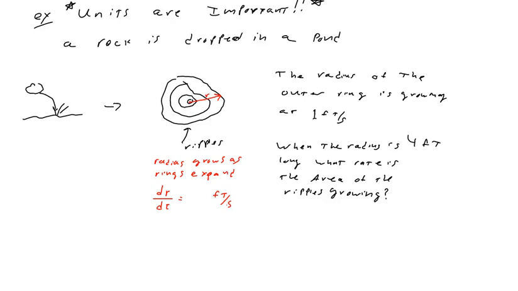The question tells us the radius is 4 feet, so we have a moment in time. At that moment, when the radius hits 4 feet, how quickly, at what rate, is the area of the ripples growing? At what rate is the area growing?